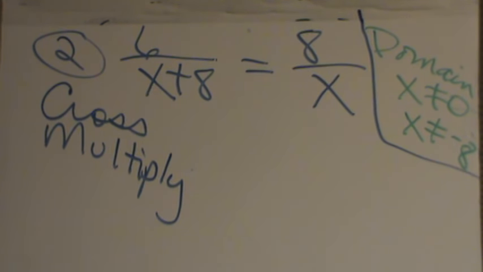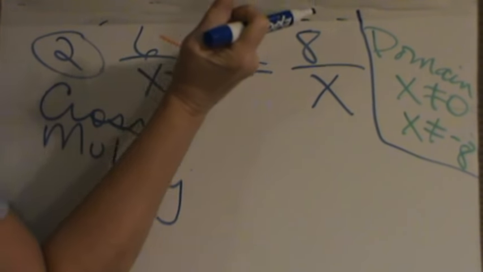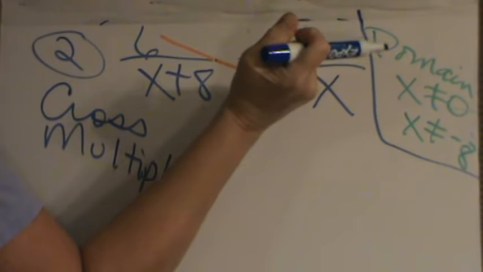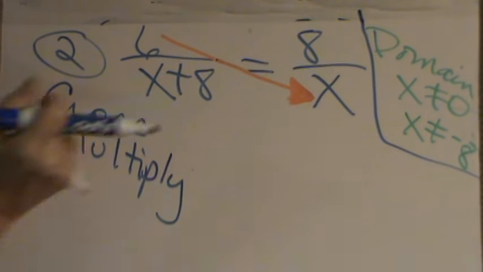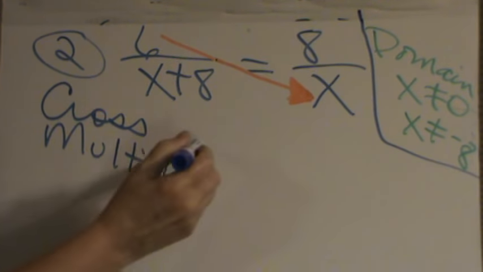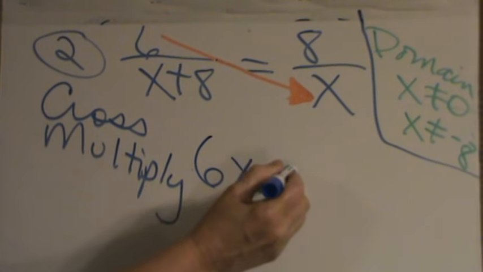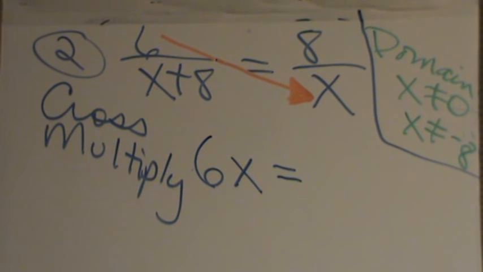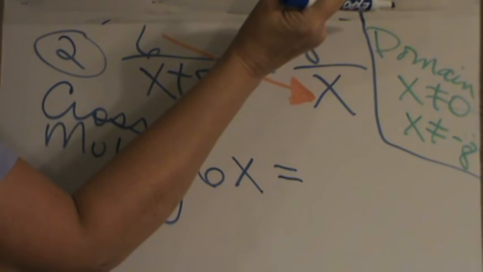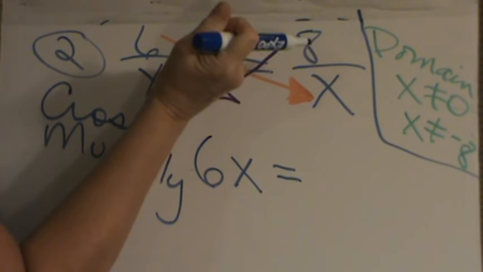All right, what is cross multiplying? It's when you take this numerator times that denominator. 6 times x is 6x. Crossing the other way, this numerator times that denominator.